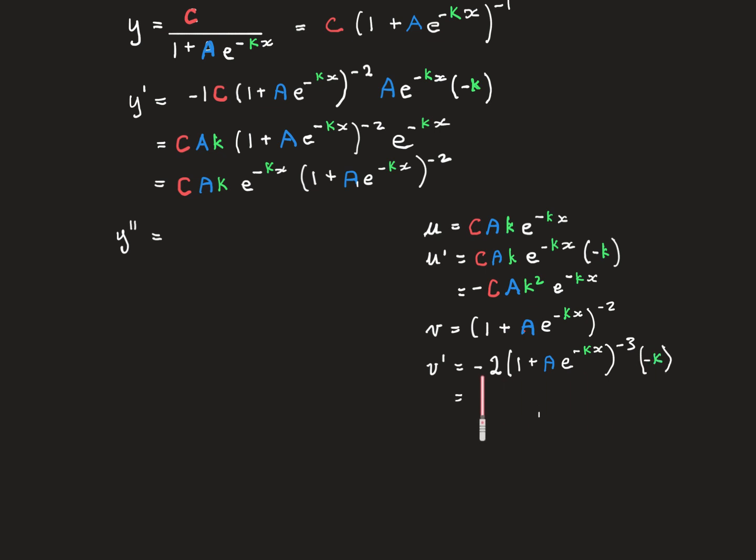Minus k and minus 2 will be, and so now we're just going to multiply these two together and add them to these two together.